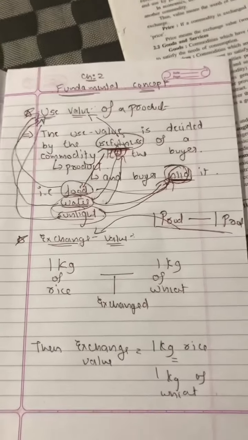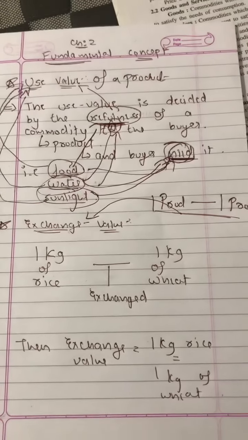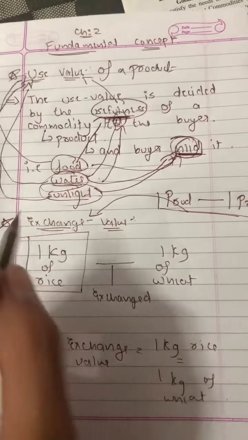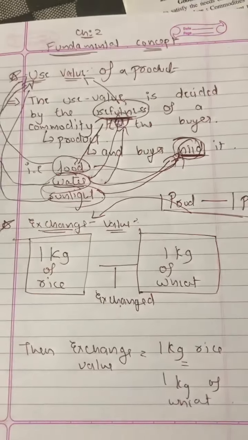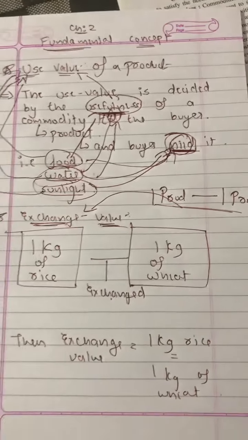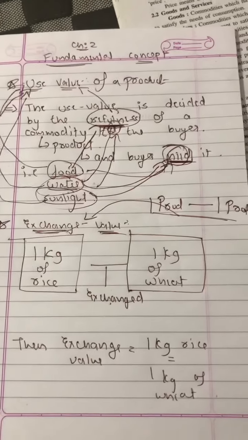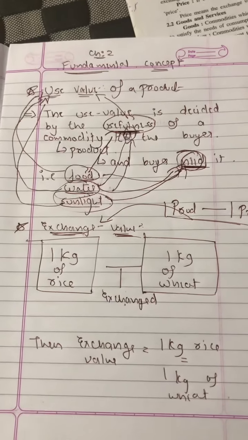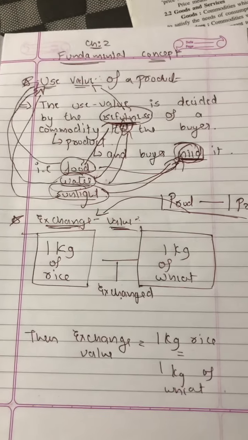Now I'll explain this with the help of an example. 1 kg of rice is exchanged with 1 kg of wheat. This is called exchange value. When 1 kg of rice is exchanged with 1 kg of wheat, it is called exchange value.